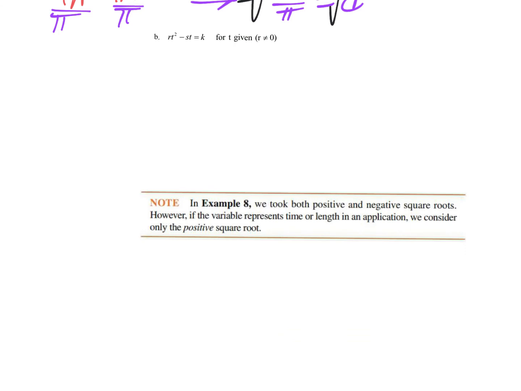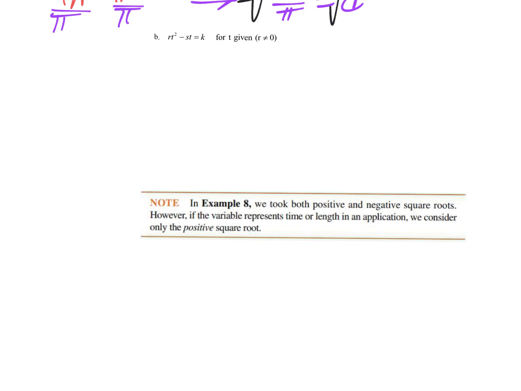And let's take a look at example B. Example B has actually a quadratic and linear term of t. And so in order to solve this, we're going to need the quadratic formula because we don't have numbers, so we can't really factor, but we can still solve for t using the quadratic formula.